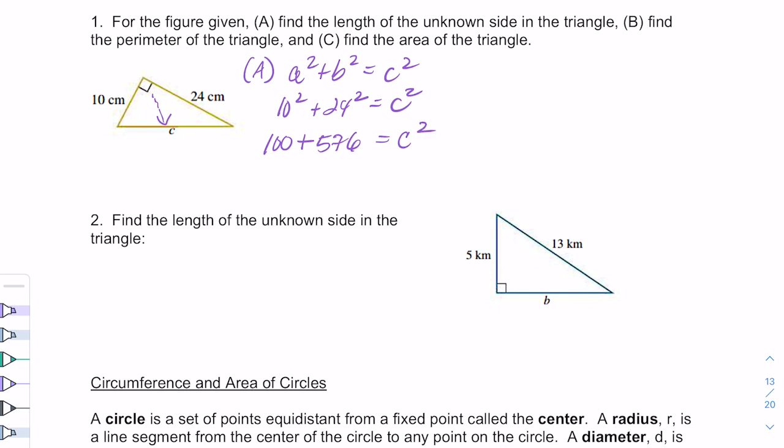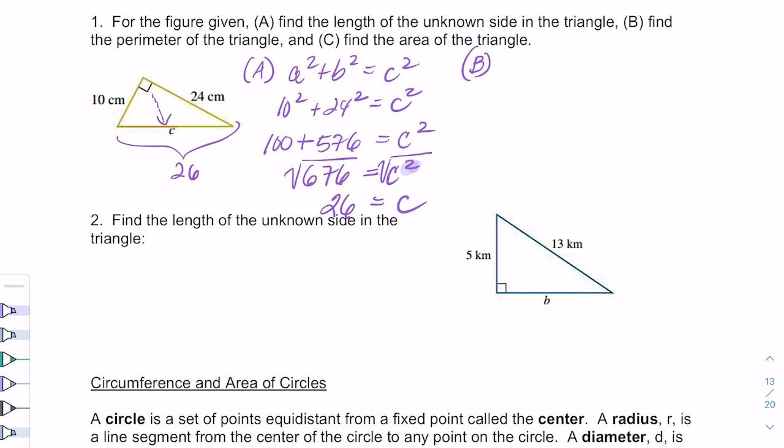I'm going to add the 100 and the 576, so I get 676 equals C squared. And then remember, you have C squared. How do I undo a square? Take the square root. And the square root of C squared is just C. The square root of 676 is 26. So C is 26. So that's the length of that side.